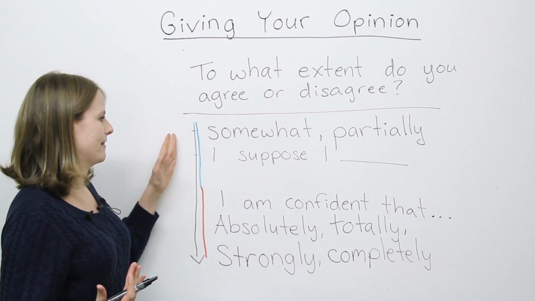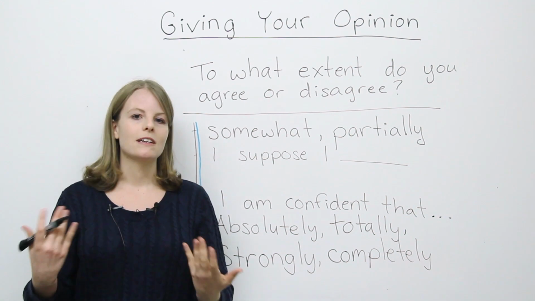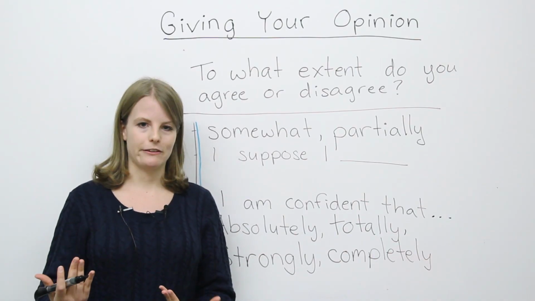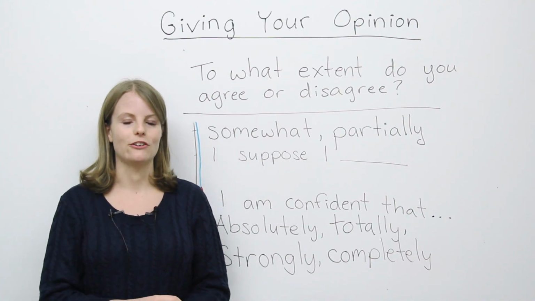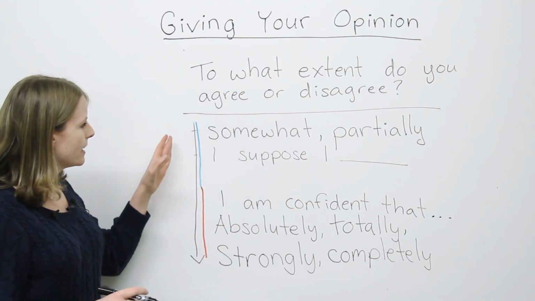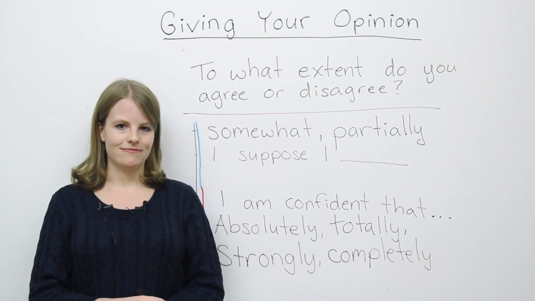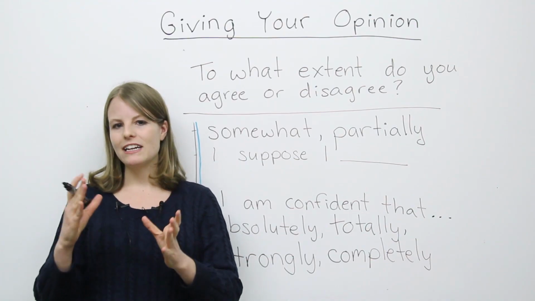Okay, so let me give you some examples. So the example I just gave, people with more money are more successful. Do you agree or disagree? And to what extent do you agree or disagree? So what I could say is, I somewhat agree. Meaning, not 100%, but I agree a little bit.